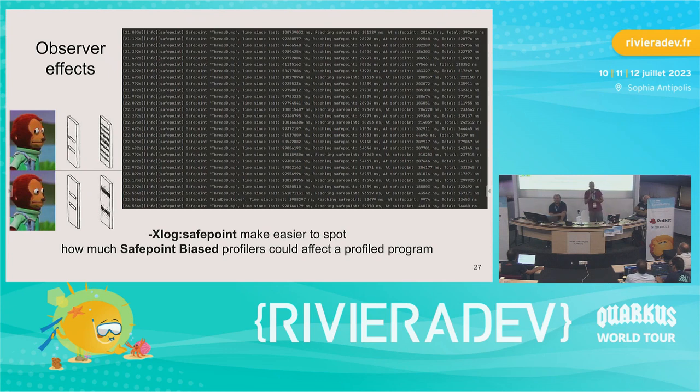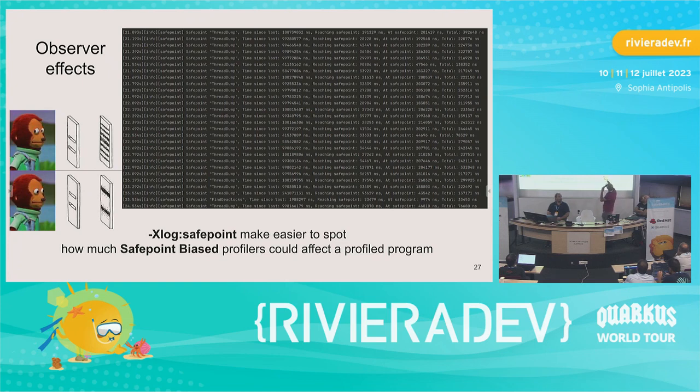And the other reason why I'm talking about that is that, for example, if you use VisualVM, something that I don't really invite you to use, but if you really want to use VisualVM, which is already shipped with the JDK, and I've been one of the many who used it in my past, and you want to collect sampling kind of CPU information, and you enable the Xlog safepoint option in the JDK program that you would like to observe, you will notice that when you start it, this is what you will see in your console.